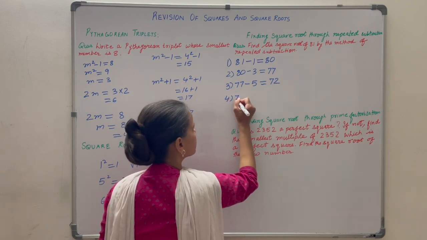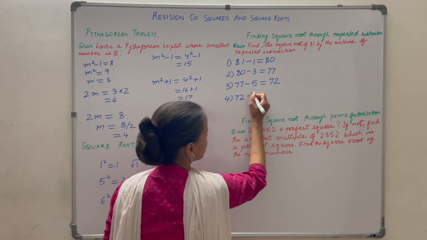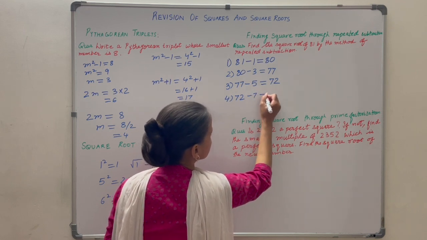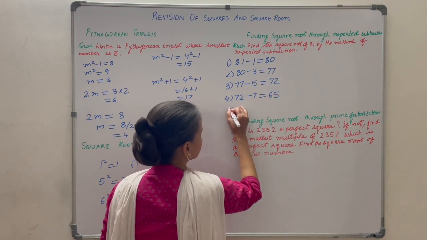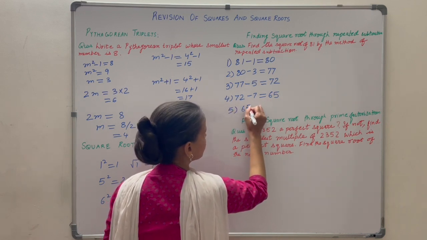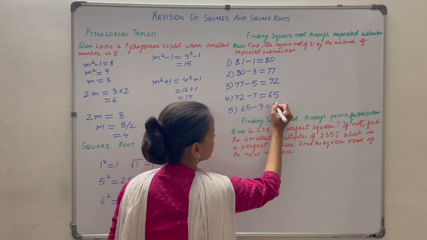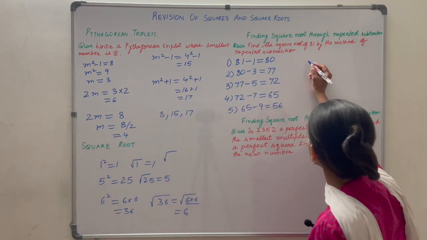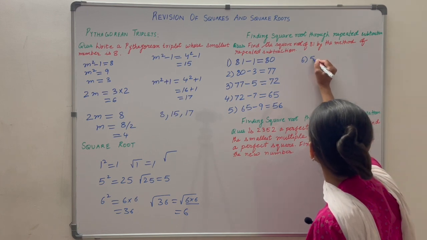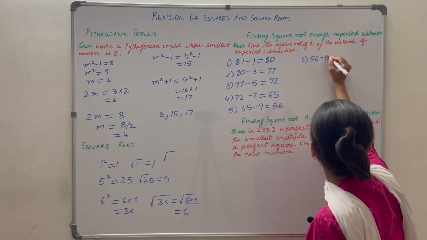From 72 you need to subtract the next odd number, that is 7. So you get 65. From 65 you have to subtract the next odd number, that is 9. So you get 56. From 56 you need to subtract the next odd number, that is 11.